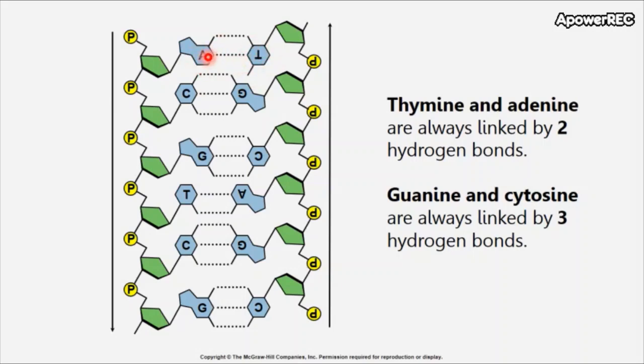An adenine can hydrogen bond to a thymine, and it does so with exactly 2 hydrogen bonds. And again, a cytosine can interact with a guanine, and it does so with 3 hydrogen bonds. So no matter what, we can only have an AT or a TA pair up with each other, or a CG or a GC pairing up.